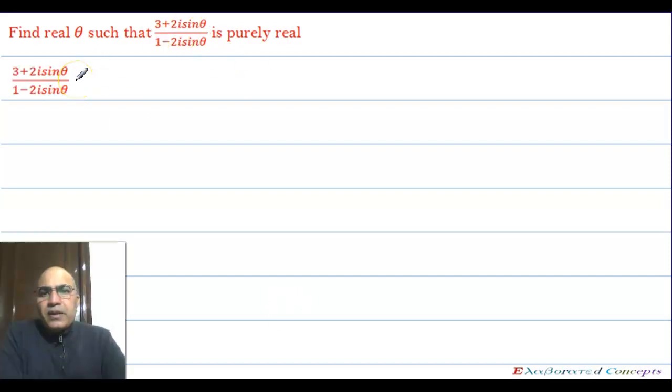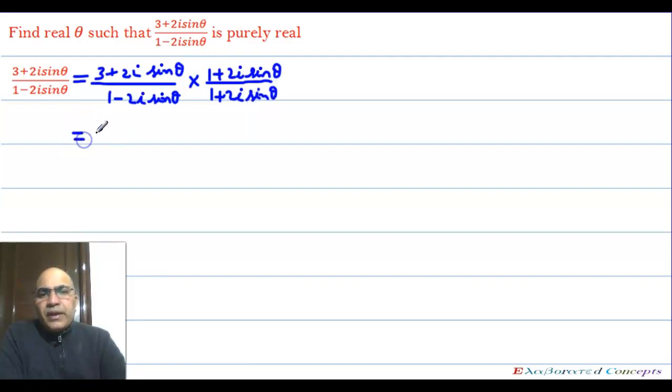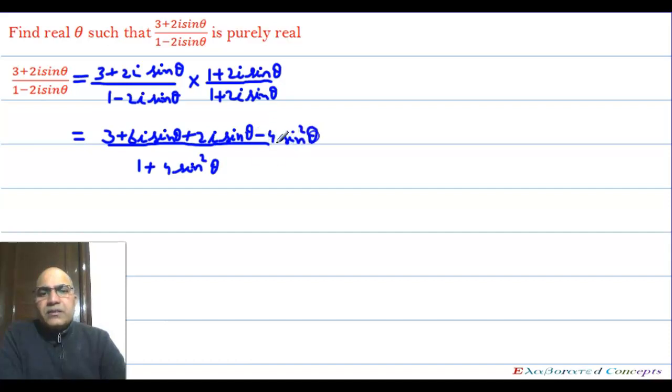In this question, 3 plus 2 iota sin theta upon 1 minus 2 iota sin theta is given to be purely real. By multiplying and dividing by the conjugate of the denominator, 1 plus 2 iota sin theta, we get in the denominator 1 plus 4 sin square theta, and in the numerator 3 plus 6 iota sin theta plus 2 iota sin theta minus 4 sin square theta.